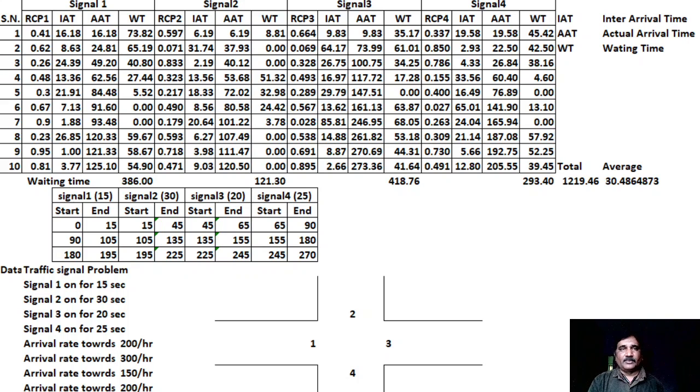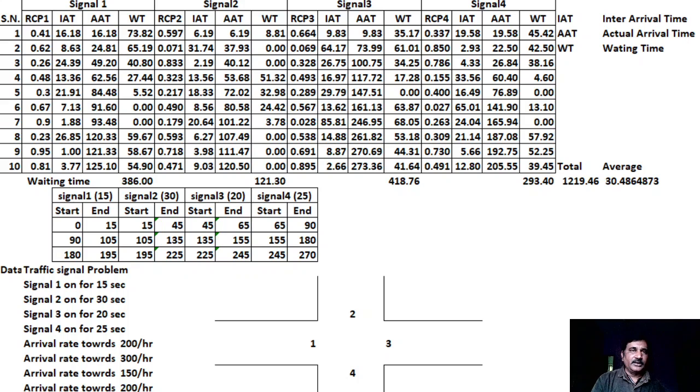For example, in section 1, you will have random number, random cumulative probability, and then inter-arrival time found by the formula minus 1 by lambda into log of RCP. For this signal, lambda is 1 by 18.